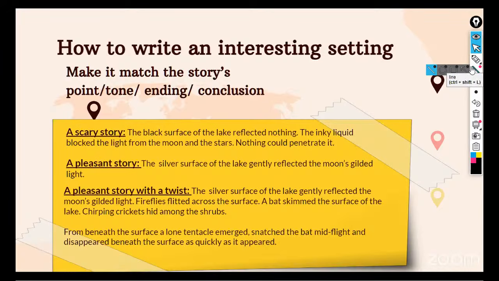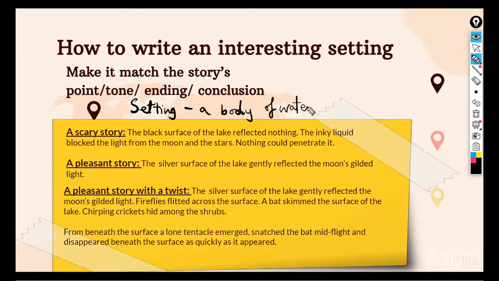So let's say we were describing a lake, a body of water, right? The setting here is a body of water. It's taking place by a lake. How you describe the body of water, the lake, relates to the type of story you're going to tell, right?